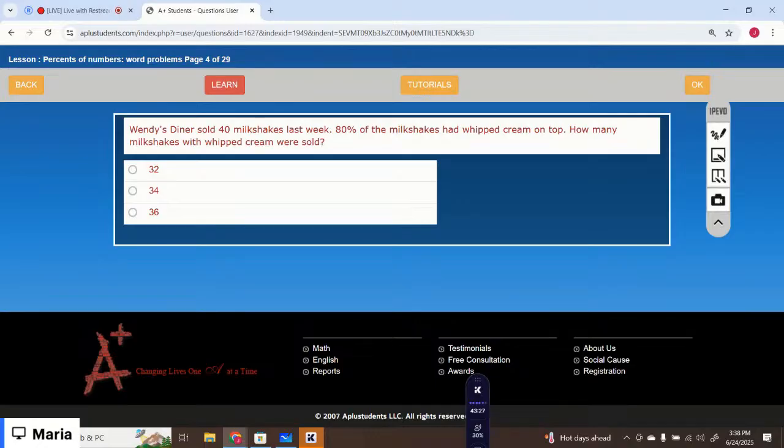Wendy's Treat Time sold 40 milkshakes last week. 80% of the milkshakes had whipped cream on top. How many milkshakes with whipped cream were sold? So which is the correct option?